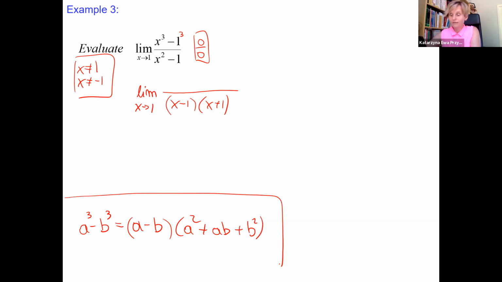Okay, a is x, b is 1. x minus 1, and then x squared plus x times 1 plus 1 squared. And again, we can nicely see the common factor, x minus 1, that's the common 0, because that's 1 minus 1, 0. And now we can substitute 1. 1 squared, 1, 1, 1 plus 1, 3 over 2.